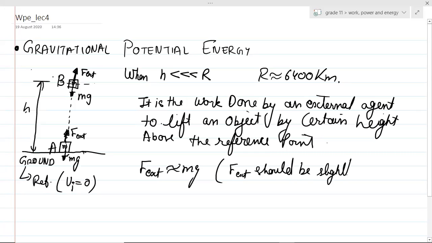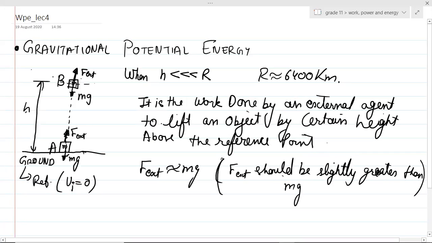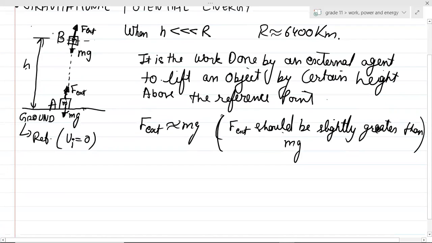I told you in the last classes, whenever I want to move an object in a particular direction, then one force should be greater than the other by a very slight amount. Slightly greater than mg. If it is slightly greater than mg, then only this will move slowly against gravity to a height.